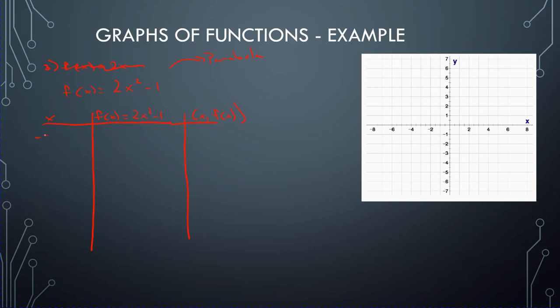So I'm going to do a bunch of points here. Okay, if you plug -2 in, right? -2 squared is 4 times 2 is 8 minus 1 is 7. F of -1, squared is 1 times 2 is 2 minus 1 is 1.